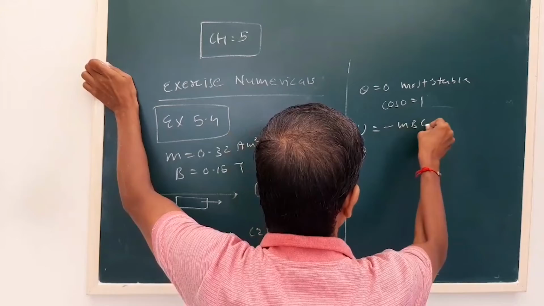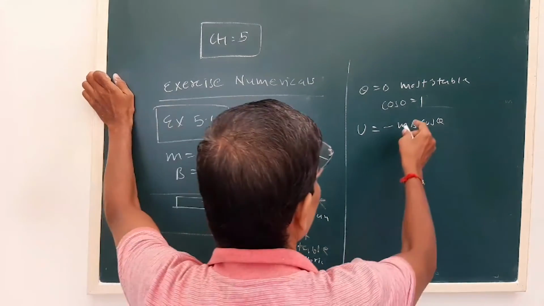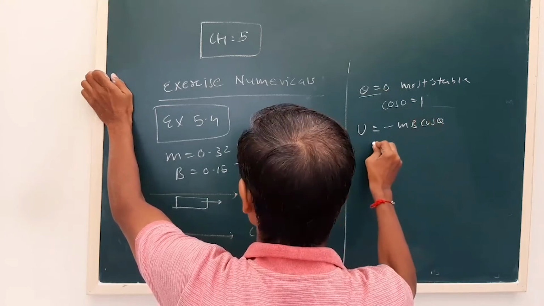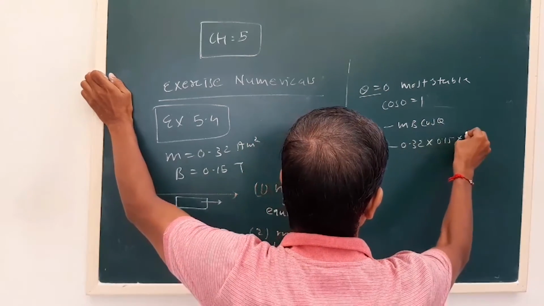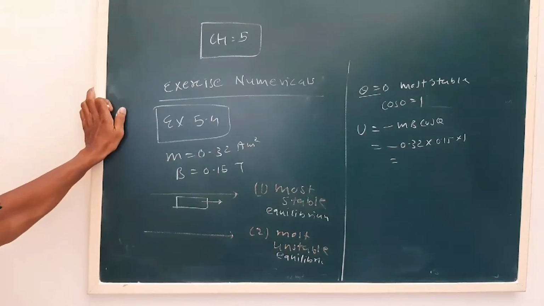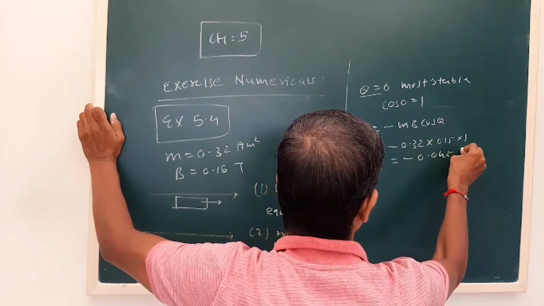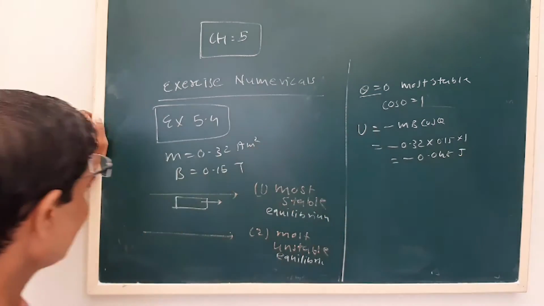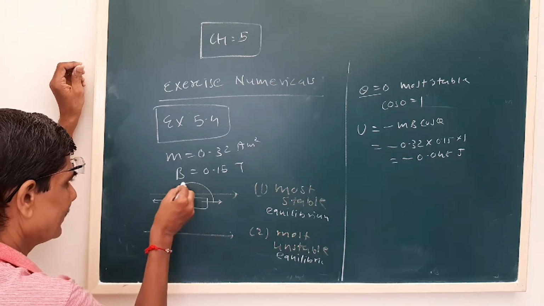It is minus m B cos theta. Okay. Now here m and B are given. Theta is 0, cos 0 is 1. Okay. Now that we can substitute, minus the value. Now when it is placed in such a way, it is rotated by angle of 180 degree.